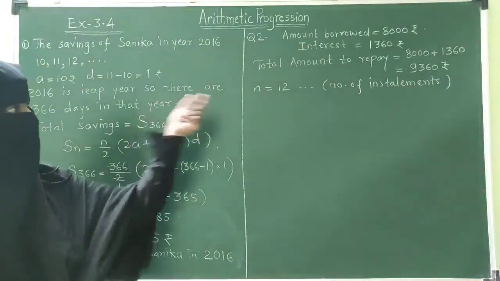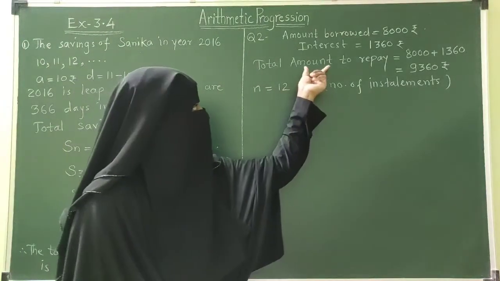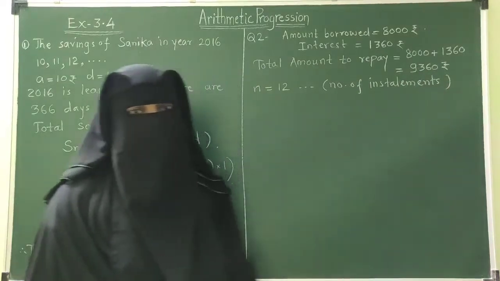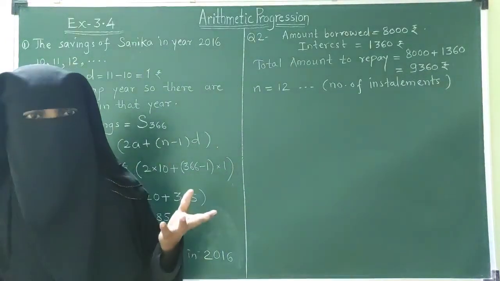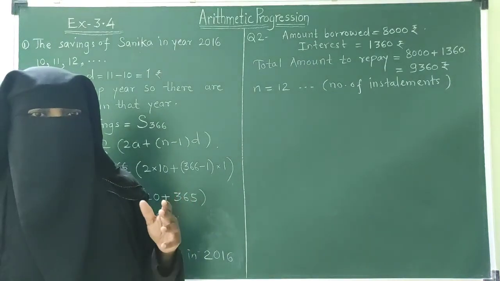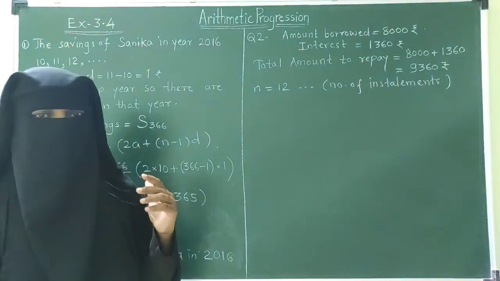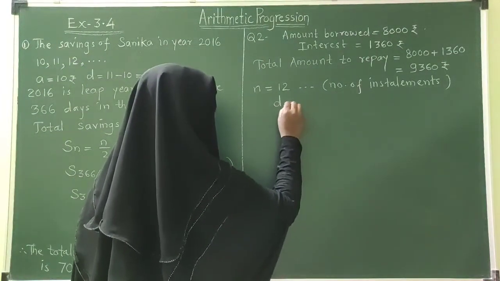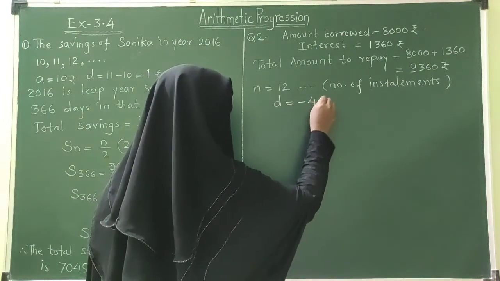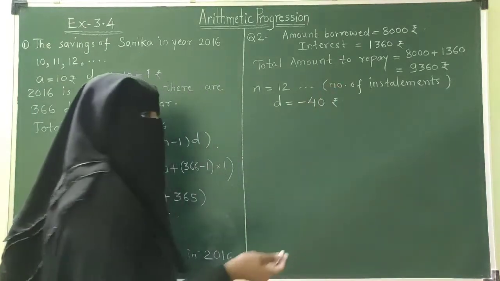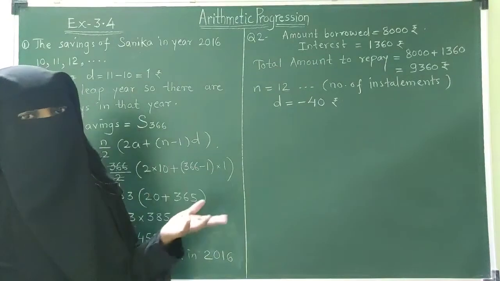Now here n is 12, total amount to repay is 9,360 and he pays the money which is 40 rupees less than the preceding. That is difference is given. D is equal to minus 40 rupees. हर आने वाली इंस्टॉलमेंट जो है वो 40 रुपीज कम हो रही है.